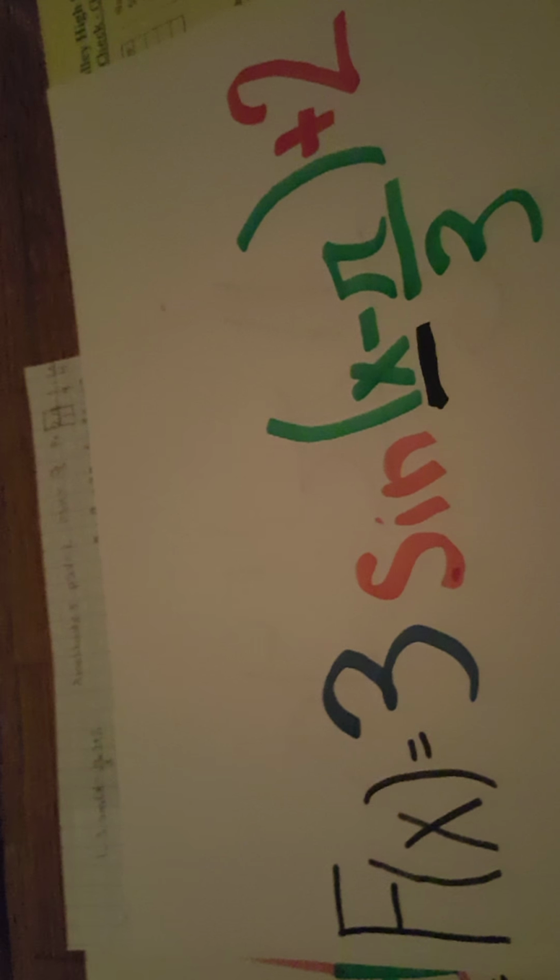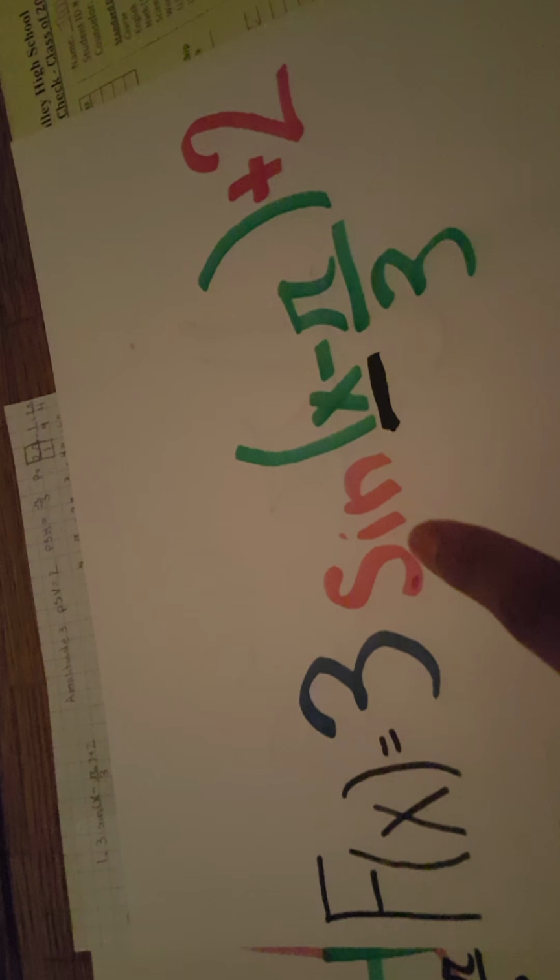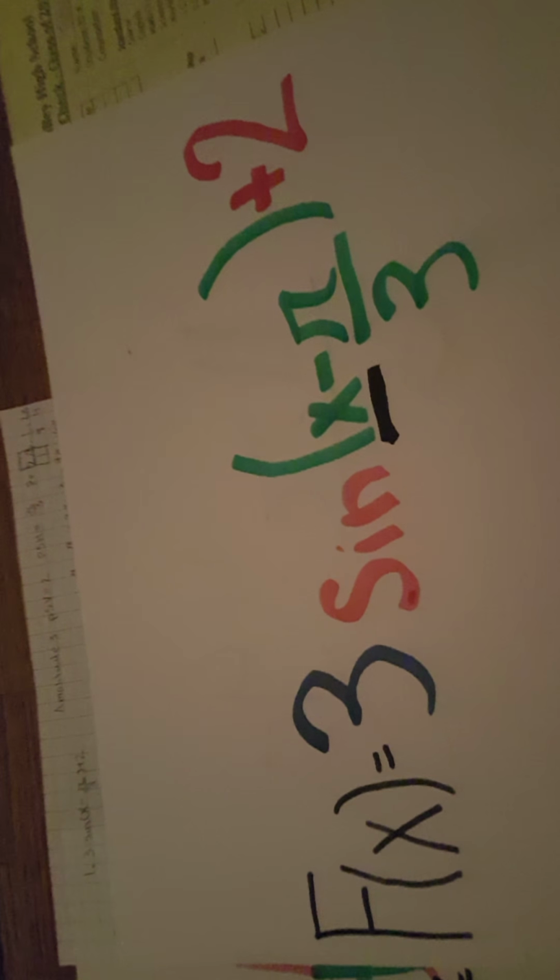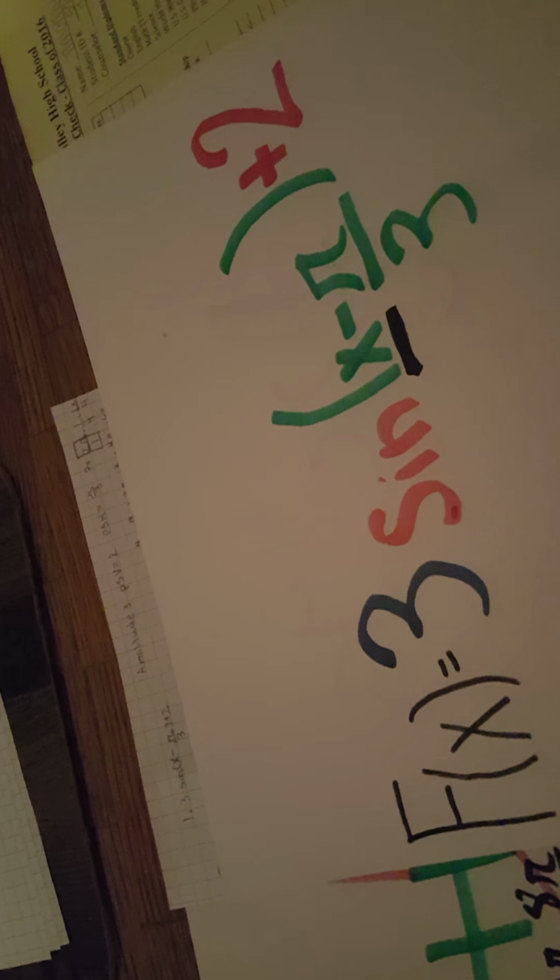Well, now as you see, we have sine equals 2 pi. Wait, where do you see sine at? Correct, right here. So sine equals 2 pi. Sine and cosine are both the same thing, okay?